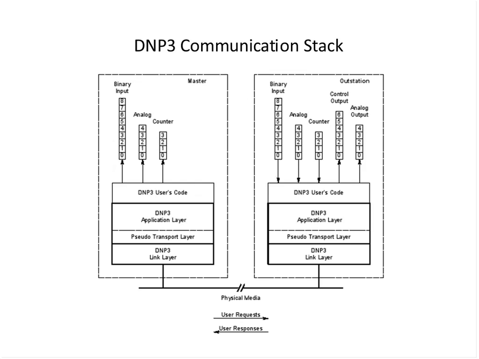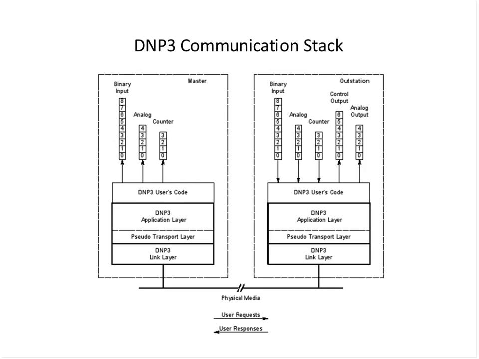Here is a very nice layout of the stack. So if you see, there's the master station, and there's the user code. That's the interface for the human beings. Then there's an application layer, and what that application layer does is it takes the code that the user is providing and breaks it up into manageable number of bytes. It's either, I believe, 2048 or 4096 octets.